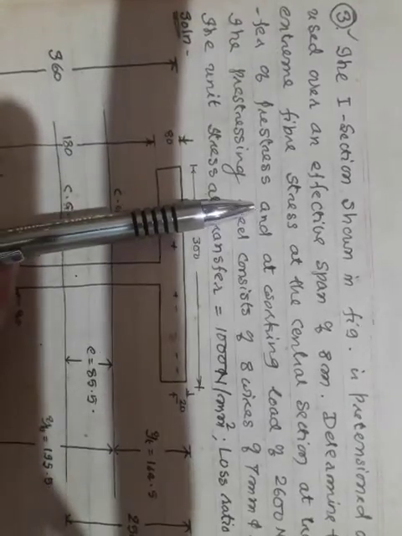Now, a very important thing you have to learn here is what he has asked you to find out. I will read this problem. Determine the extreme fiber stresses at the central section at transfer of pre-stress and at the working load of 2600.